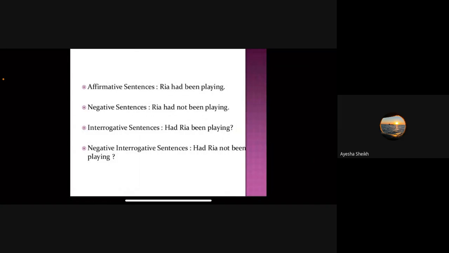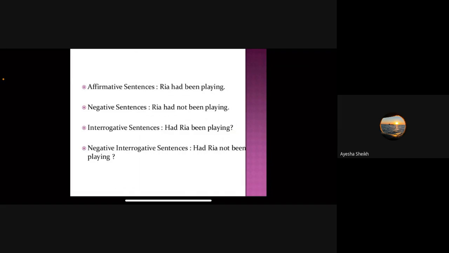Read it. Affirmative sentences: Ria had been playing. Negative sentences: Ria had not been playing. Interrogative sentences: Had Ria been playing? Negative interrogative sentences: Had Ria not been playing? Okay. Ria had been playing, and see, had been plus ing is given. In the negative, not is given over there.